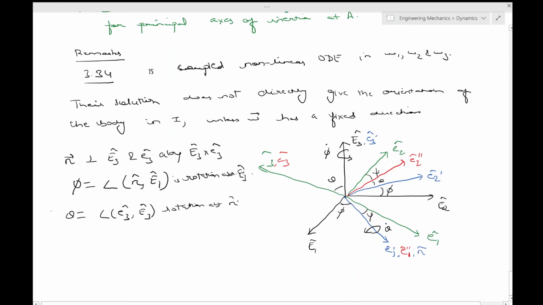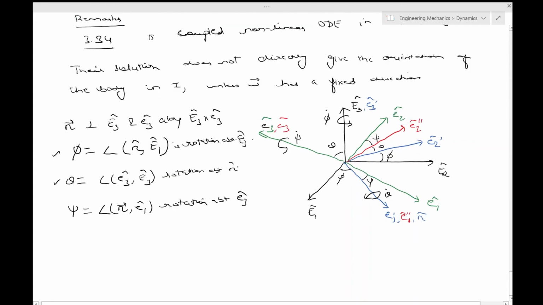Okay, so phi dot and theta dot. Fine. Similarly, psi is the angle between N and e1, rotation about e3. So this is e3. This one is psi dot.